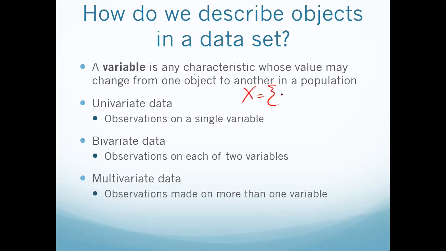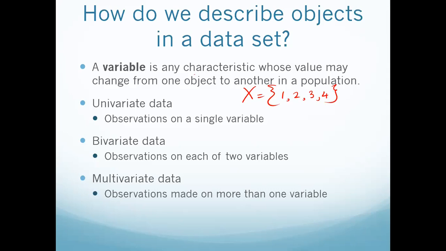It has these numbers: 1, 2, 3, 4. So x, sometimes it is 1, sometimes it is 2. It has these values. Clear? This is the simple basic idea of a variable.